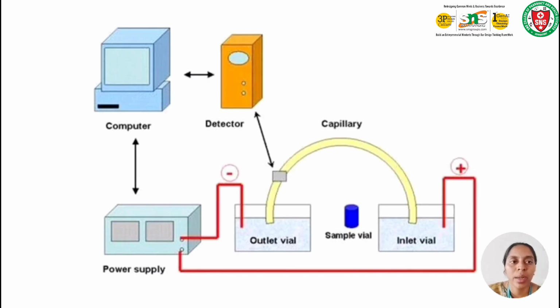You can see the instrument consists of an inlet vial, otherwise called a source vial, and on the other side an outlet vial, called a destination vial, and in between we have a sample vial.